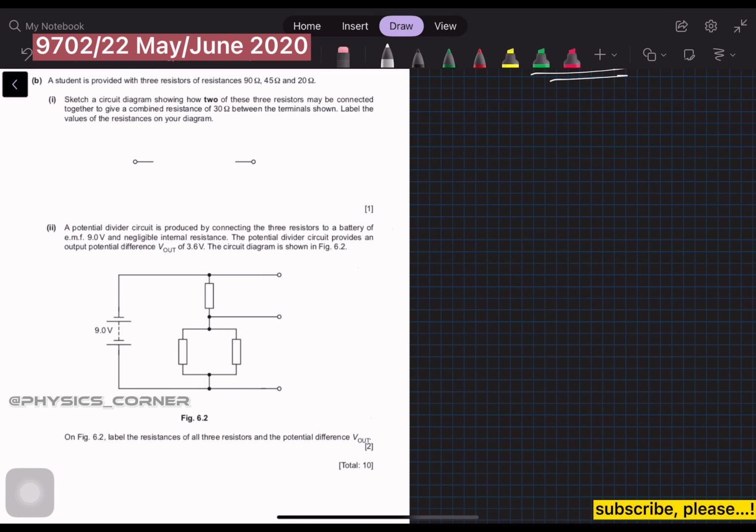Label the value of resistance on your diagram.